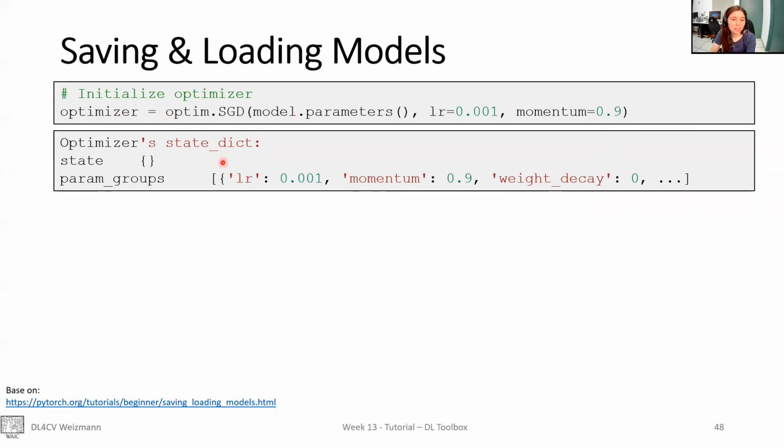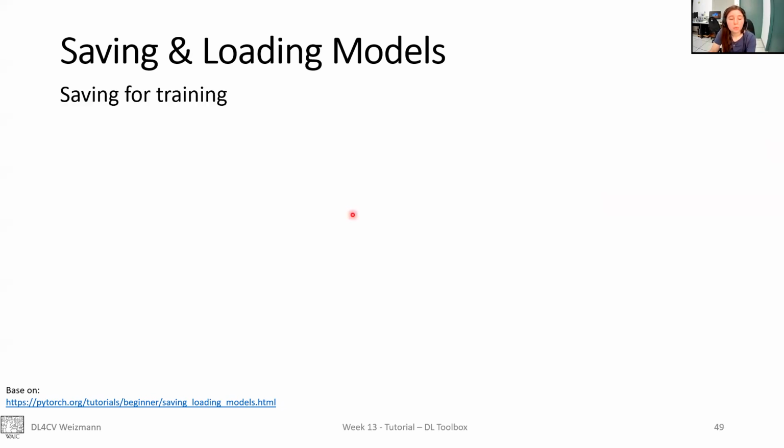As you can see over here, if we look at the SGD optimizer, for instance, it has a learning rate, momentum and weight decay, all these other things that could potentially be changed during the training process.